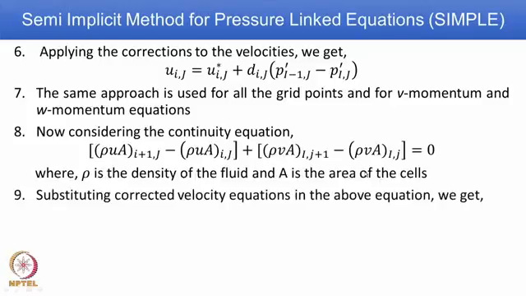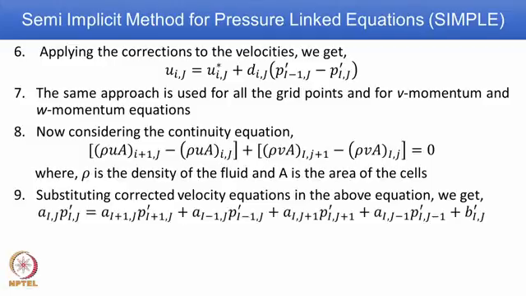Now, if you substitute the corresponding expression in terms of pressure correction into the discretized continuity equation, then we get the equation as shown here. This equation is an equation for pressure correction, and the node of interest where pressure correction needs to be obtained is on the left hand side, and all other terms are brought to the other side.